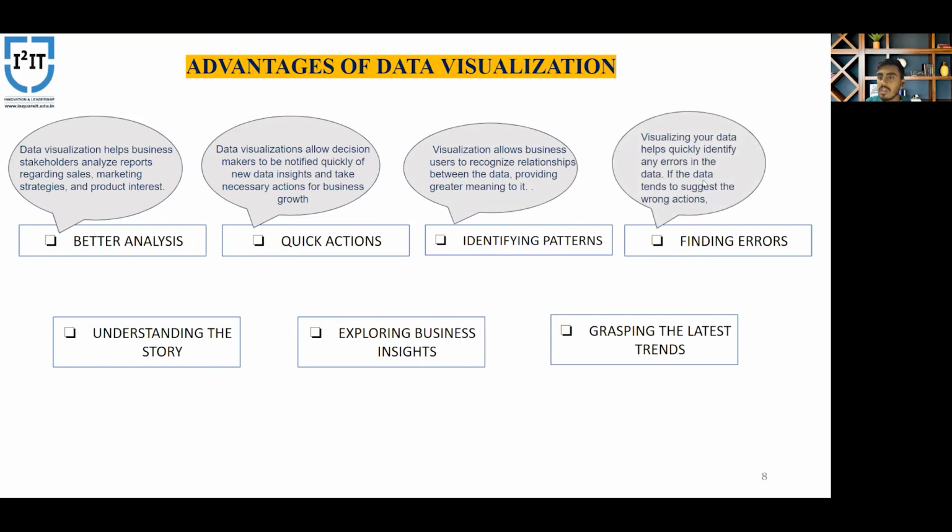Visualization helps us quickly identify any errors in the data, which helps the business and insights and avoids wrong actions. Understanding the storytelling is the purpose. By designing the visual statistics, it can help the audience to understand more clearly and efficiently.